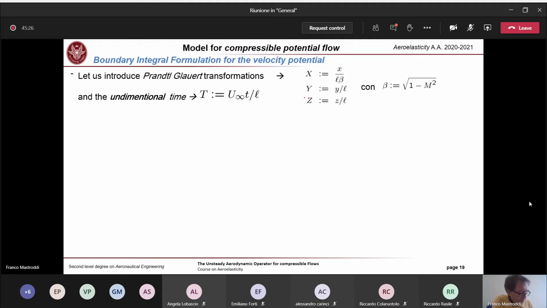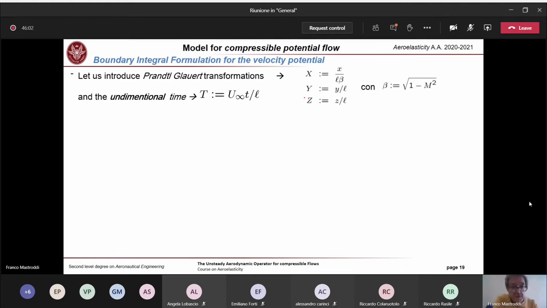I want to propose you a method for obtaining an integral equation, which is very direct, and I don't give you the details of this formulation, but I give you all the indications, and believe me, you easily obtain all the details developing this by yourself. And I invite all of you to do this for preparing this exam.